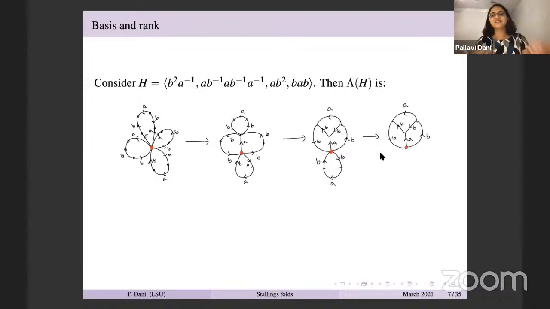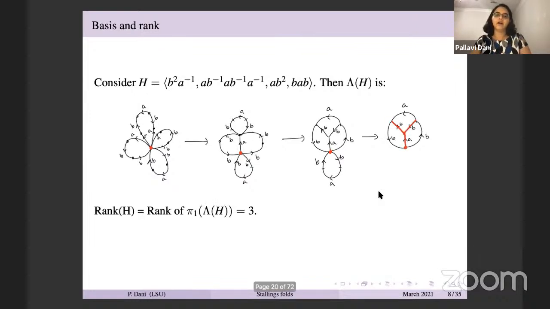Okay, and so this is an example where you started with this generating set, but it was not an optimal generating set, because it turned out that this last generator was redundant and got absorbed into the rest of the graph. And so this illustrates that you can actually detect the rank of H from this final graph lambda H.